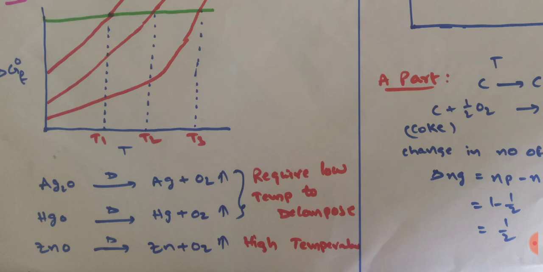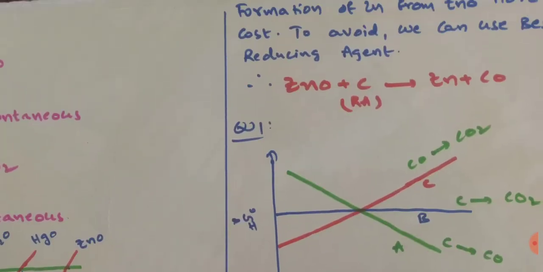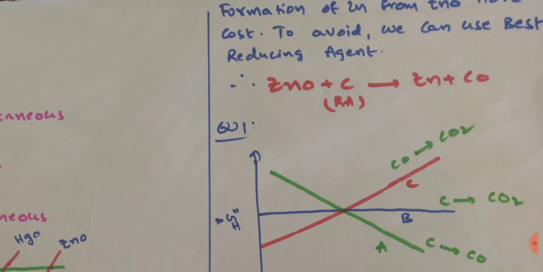In order to produce high temperature for the chemical reaction, we have to spend more, so finally the reaction would cost more. In order to reduce the cost of the reaction, and also to maintain neutrality, we have to use the best reducing agent.